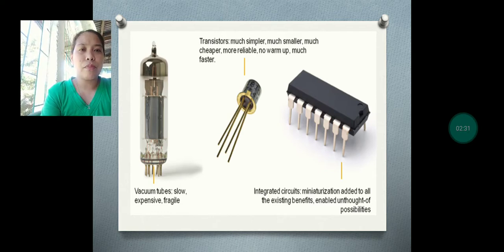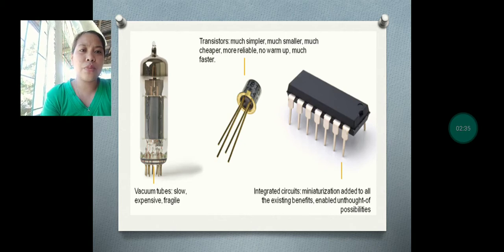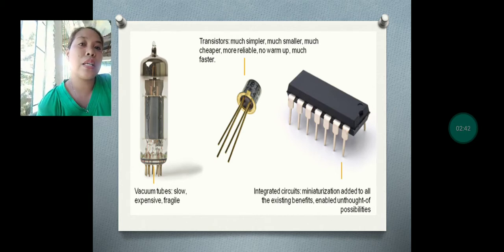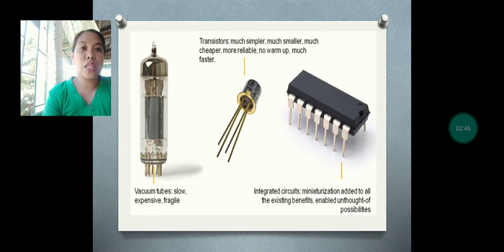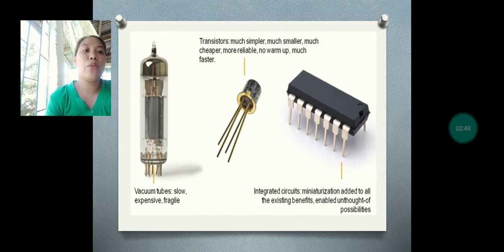In the development of computers, the vacuum tube was then replaced with the transistor. This transistor, in the picture at the center, is now being used in the second generation computer.